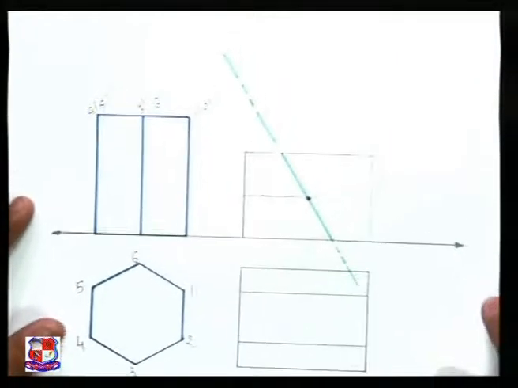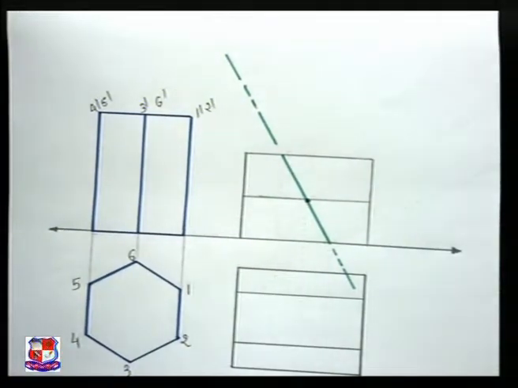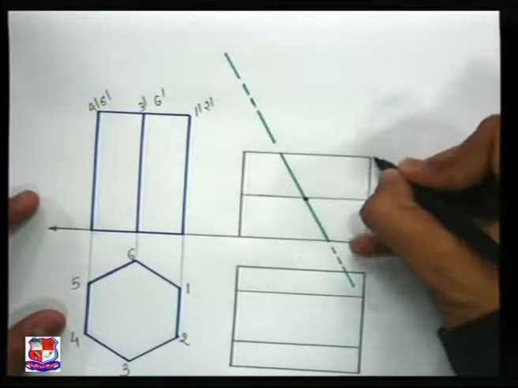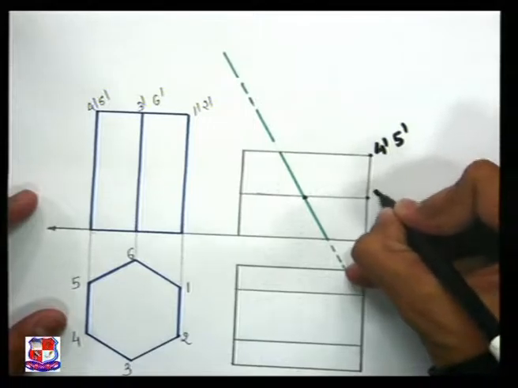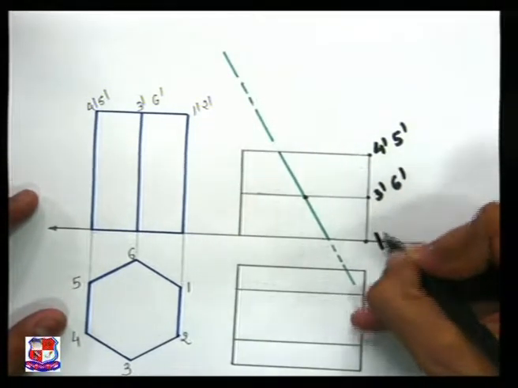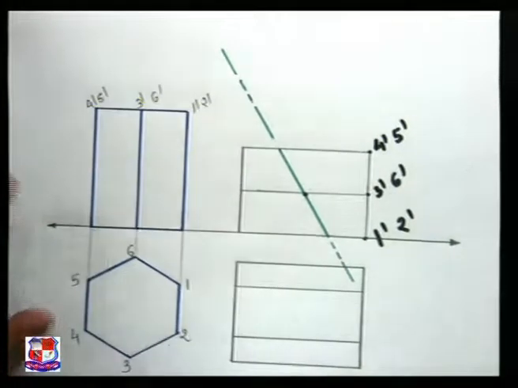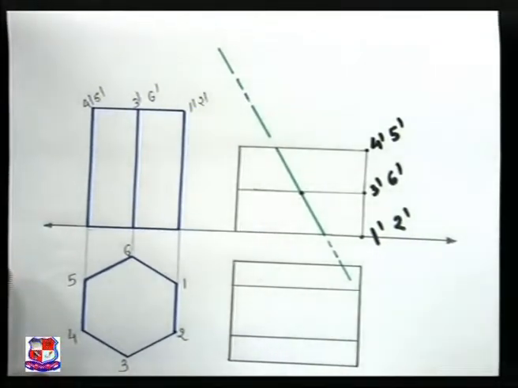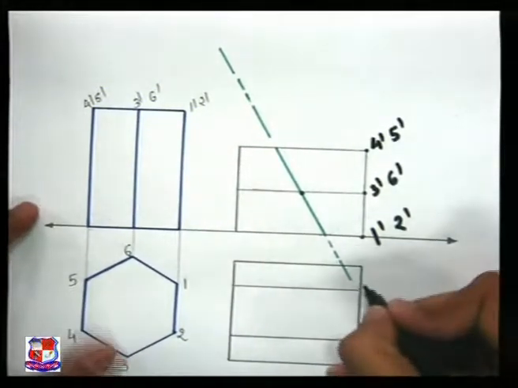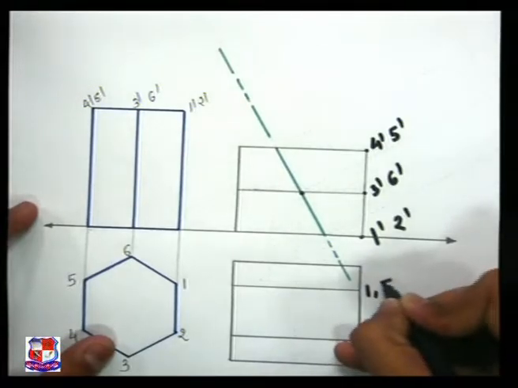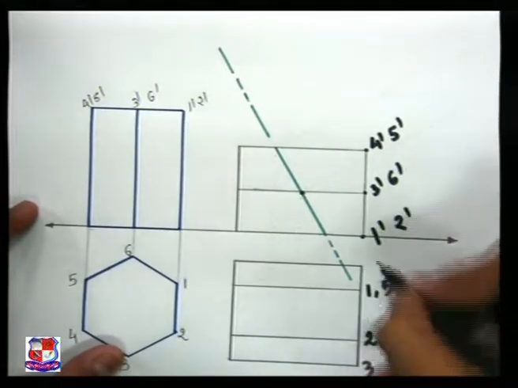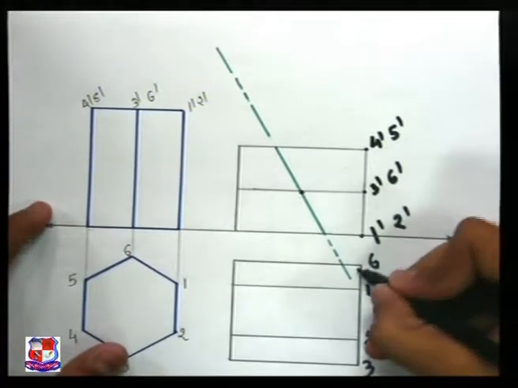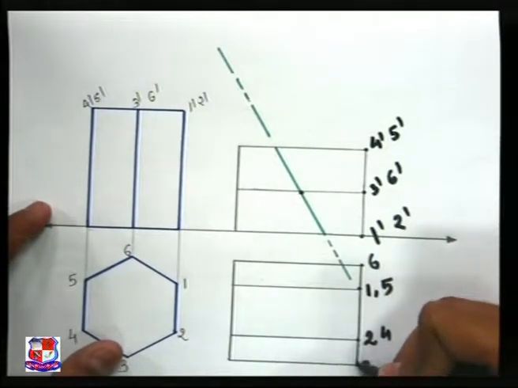Transfer all these points over here. So here point number 4 dash, 5 dash, here is point number 3 dash and 6 dash, here is point number 1 dash and 2 dash, right? Now in the top view, here are points number 1 and 5, 2 and 4, 3 and 6. Here are the respective points.